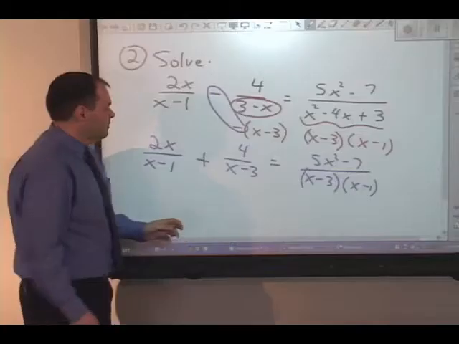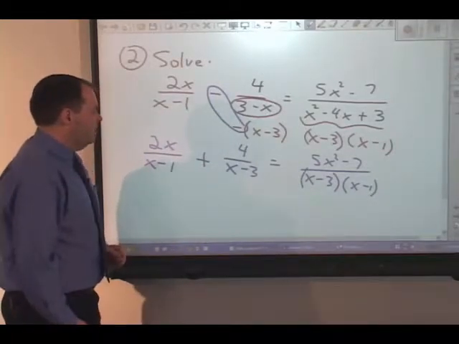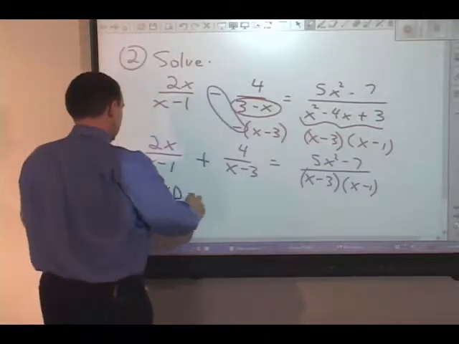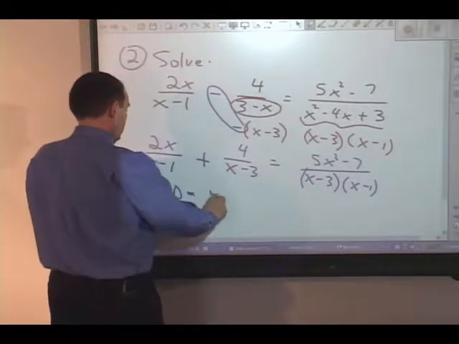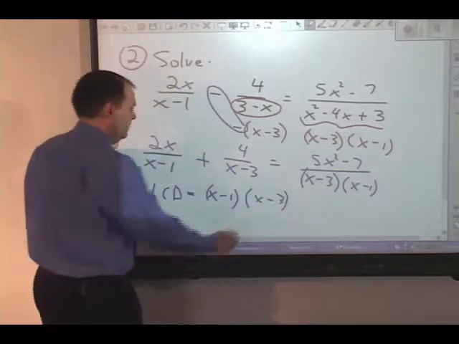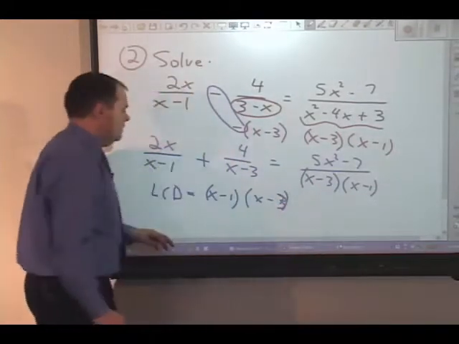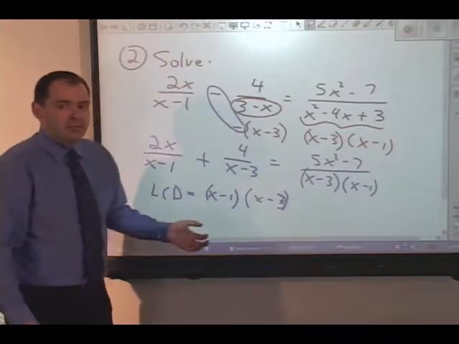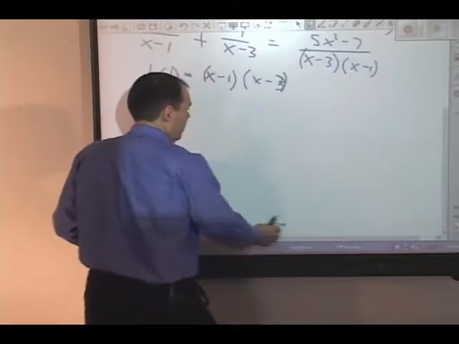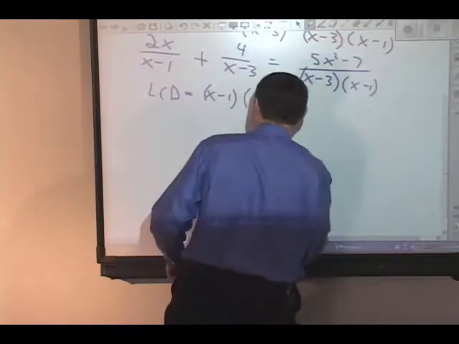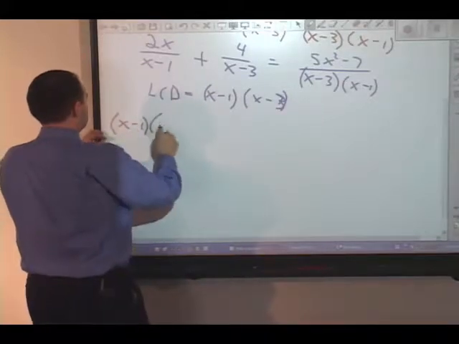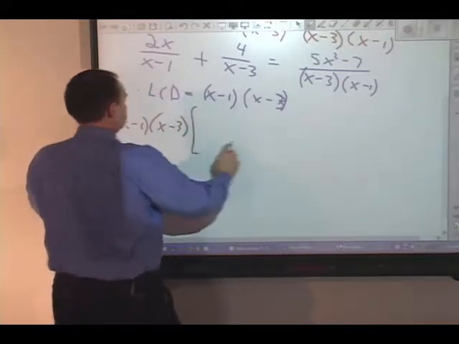All right. We now have things that are much more in common. Our lowest common denominator is going to be x minus 1 multiplied by x minus 3. And we're now going to take our common denominator and multiply both sides of the equation by it: x minus 1 times x minus 3 on both sides.